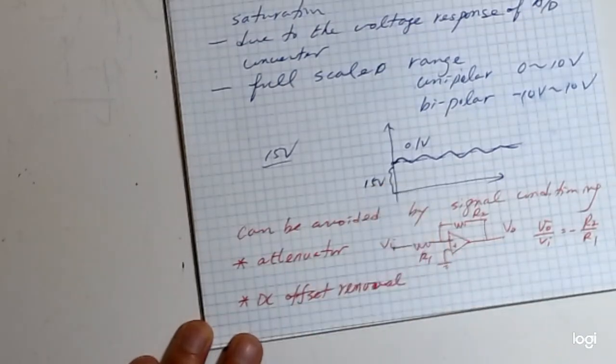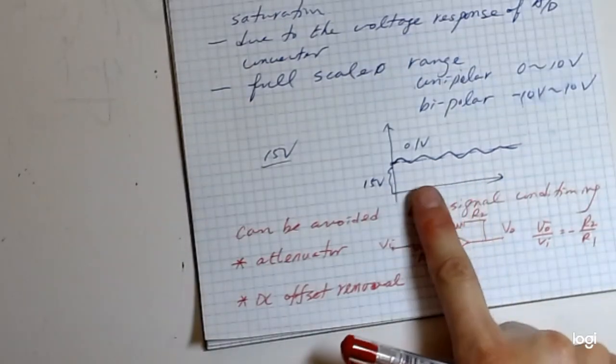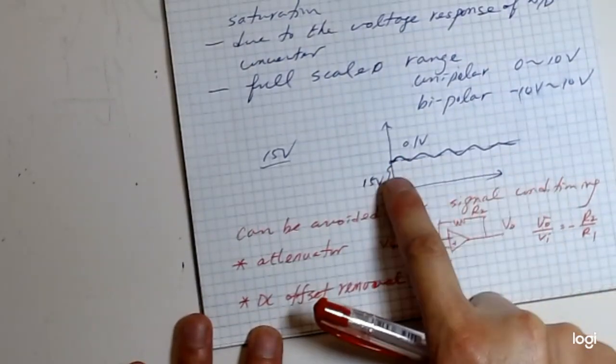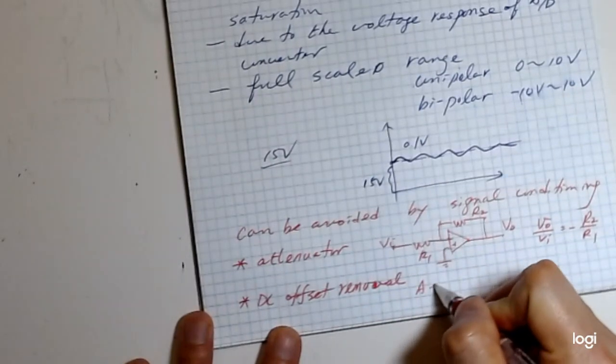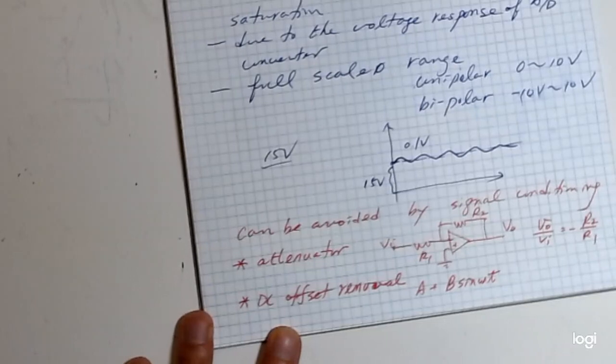You can subtract 15, or sometimes you can use what we call differentiators. You can differentiate and then the constant term drops out, because you have A plus B sine omega t. When you take the derivative, you get rid of this term.